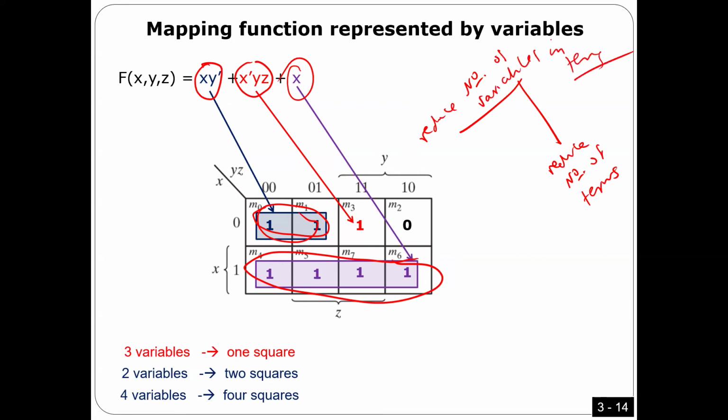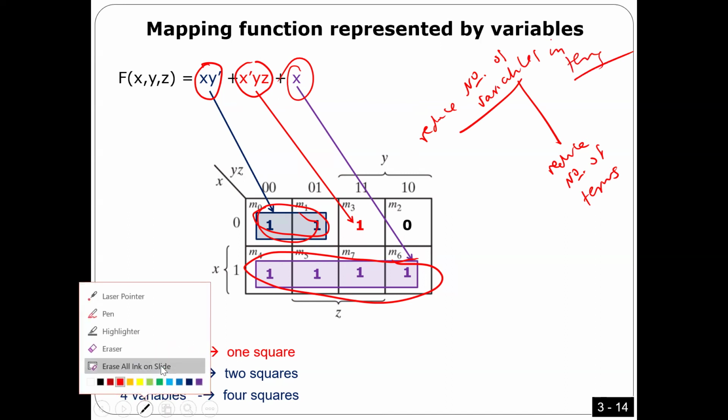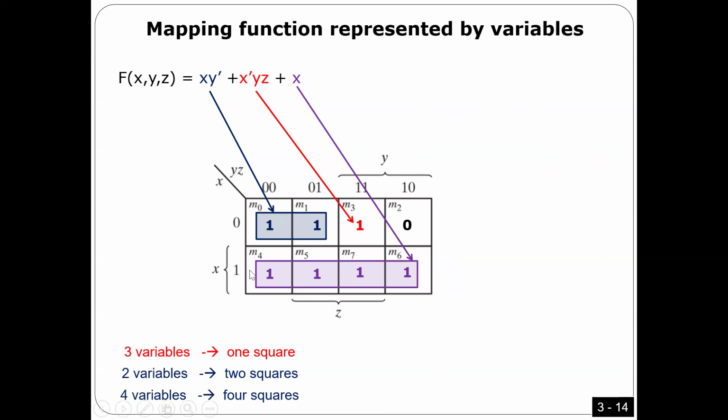Okay? And also, there is something important here you need to learn, because this can protect you from making mistakes. Look here, guys. If my group is only one square, like this case, then the term you will calculate should have three variables.